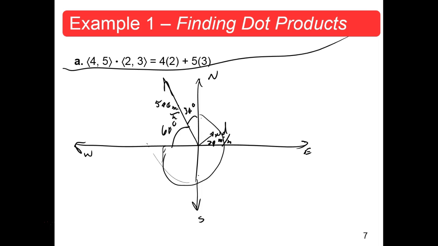What are the resultant speed and true direction of the airplane? So what are we doing here? What are we doing here? Yeah, and how do we do that?